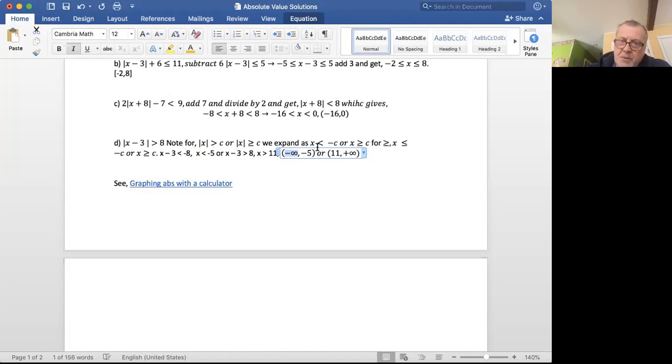Or sometimes we use the union symbol, which is just a fancied up U, which means we combine the two. Or we start at 11 for this x is greater than 11, but we don't include 11, so we put parentheses around it, all the way to forever to the right, which is positive infinity. Since we can't get there, we put parentheses around that as well.